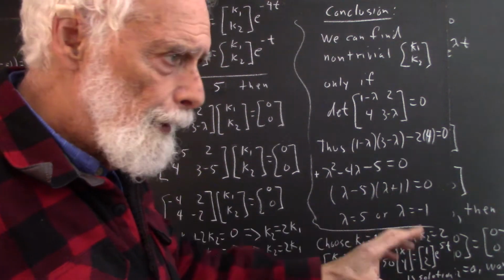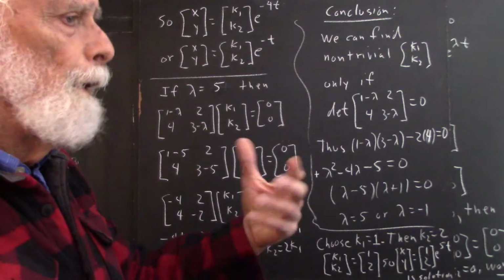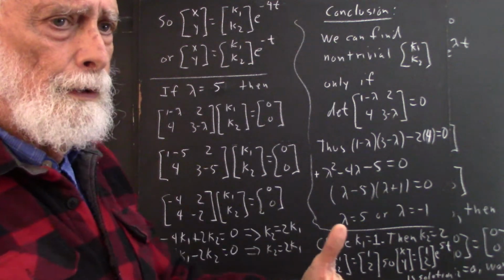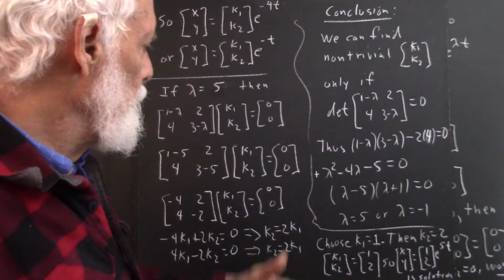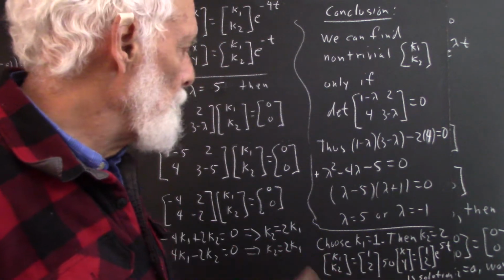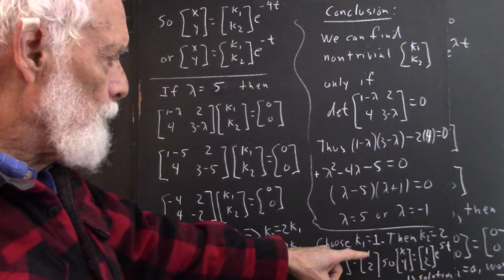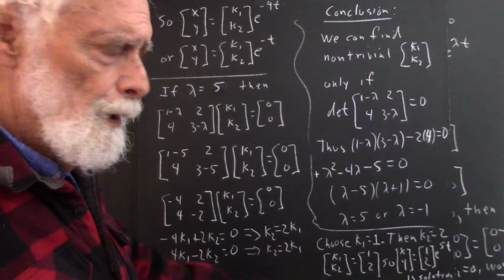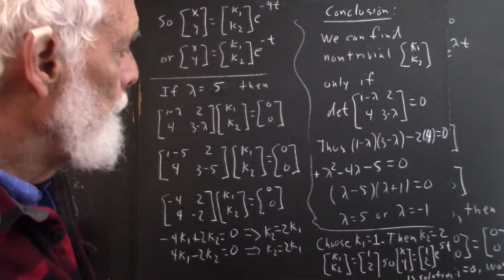Okay, so once we've found a solution to the characteristic equation, we get a solution to the entire equation, but of course any multiple of that solution will also be a solution, which is why we could just arbitrarily choose k1 equal 1, so that k1, k2 is 1, 2. Okay.